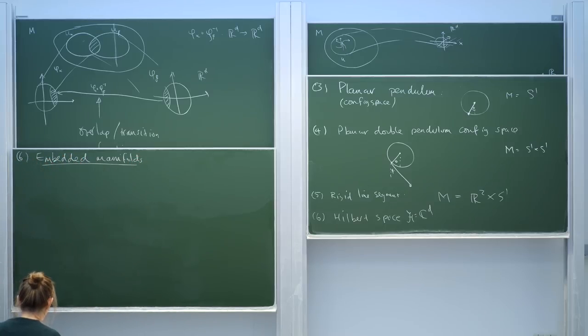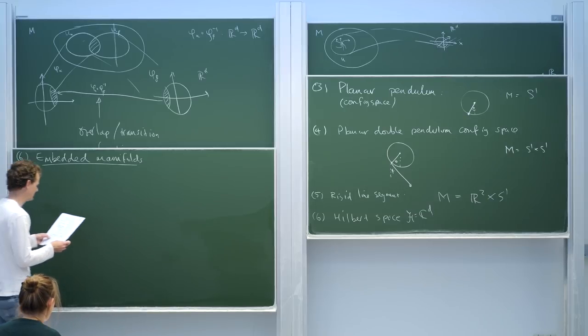It's pretty rare that you have to worry about Klein bottles or Möbius strips in physics. It is possible these things come up occasionally, but usually the manifolds in physics we care about are actually embedded, actually live inside something else.